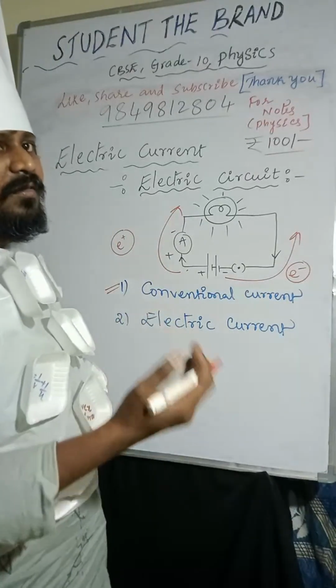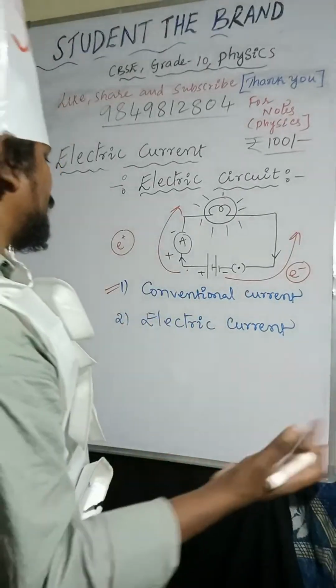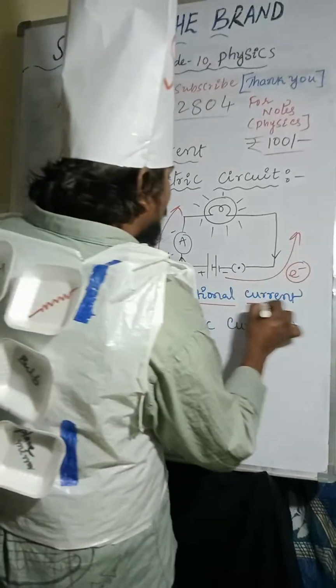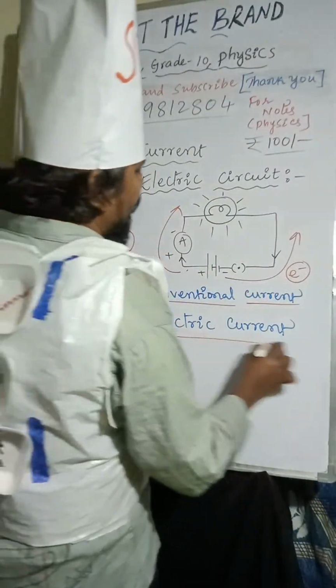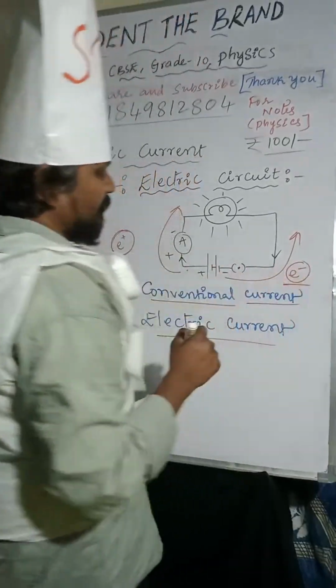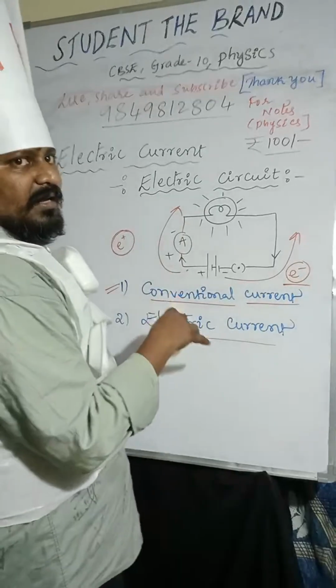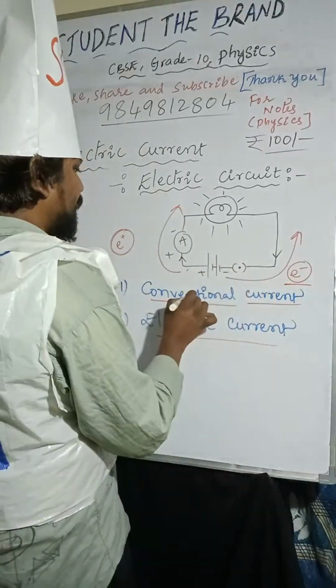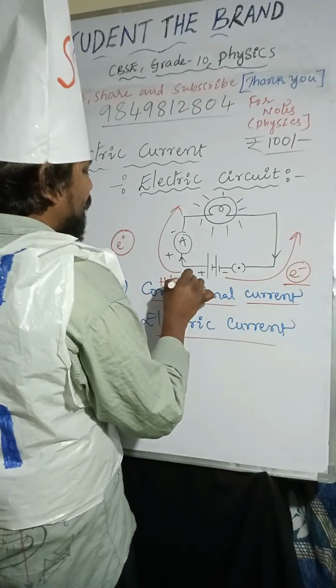Conventional current is the rate of flow of charge, the flow of positive charges. In the conductor, electrons are moving. Conventional current, positive charges, moves from high potential to low potential.